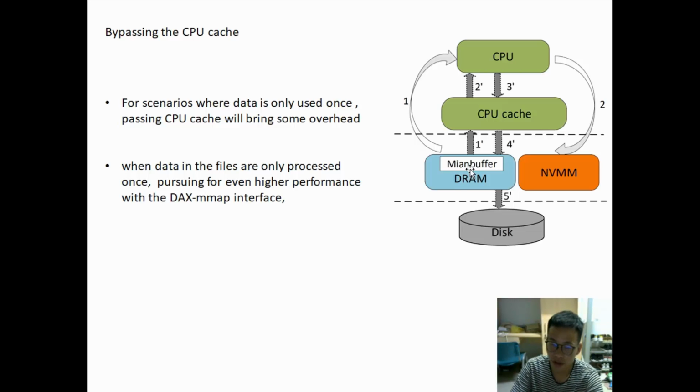So in pursuing even higher performance with the DAX-mmap, when data in the files is only processed once, serious consideration of bypassing the CPU cache becomes a reasonable design choice. To support this potential need, we add a new data path for bypassing the CPU cache.